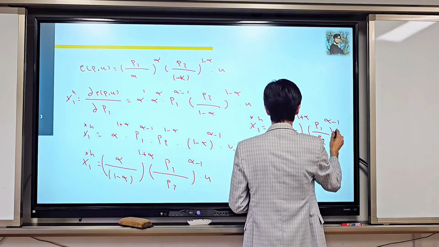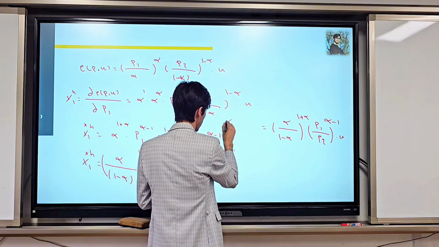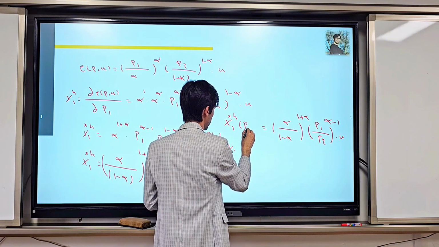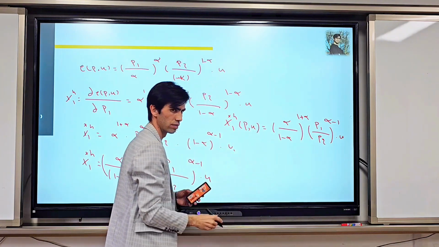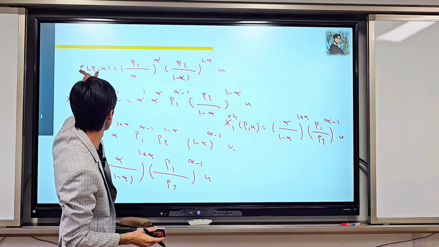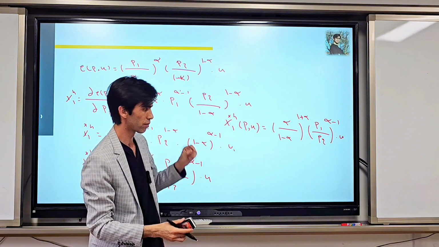Alpha minus 1. And now, this x1 star h is a function of P and U. As we already have the expenditure is a function of P and U, this one is also a function of P and U.